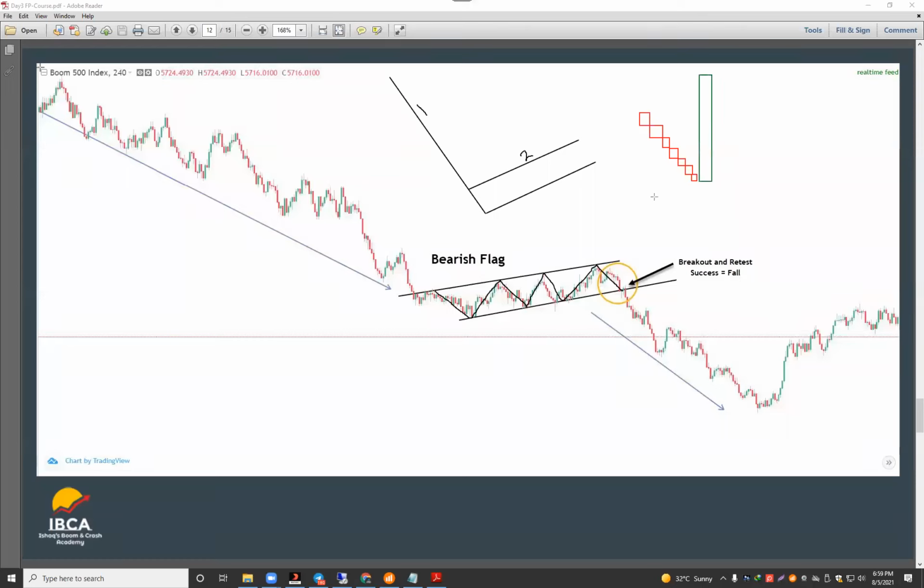So what you will expect in the boom, even on a higher time frame: if you find that the candles are big, you can expect the market can move up. If the candles are small, it means the market doesn't have momentum in an up direction. So it is possible after this movement, the market can break this down and continue the trend.